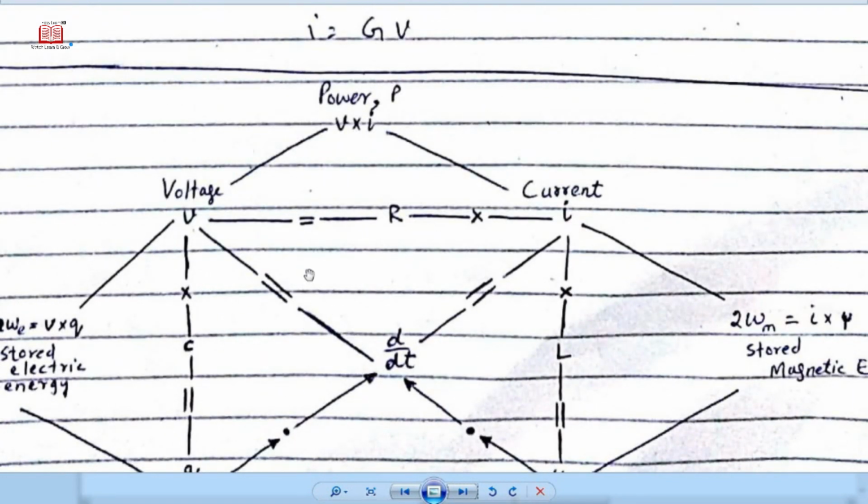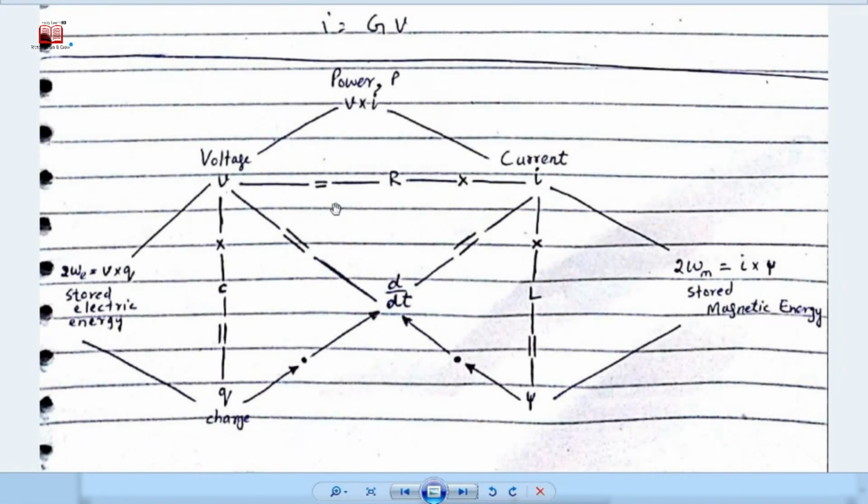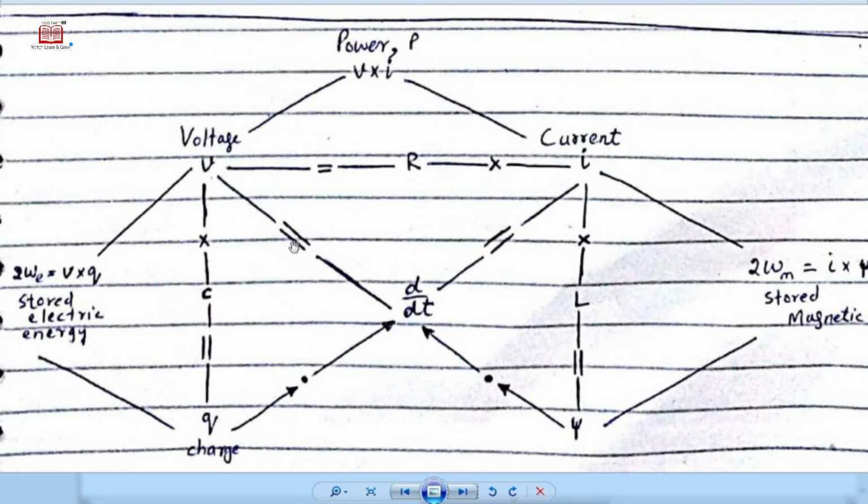solving. Okay, here we have a very basic and a very beautiful diagram for the understanding of different concepts. I don't know exactly who did this first, but there is a very famous diagram that is used in network analysis. So let's discuss this.